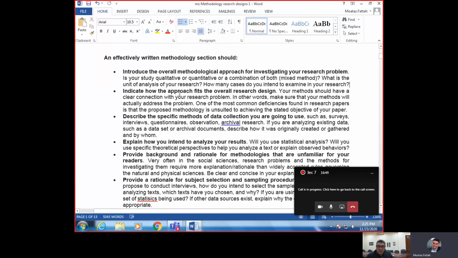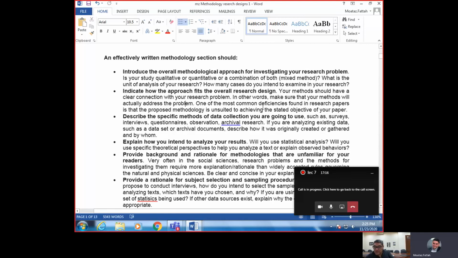Indicate how the approach fits the overall research design. Okay, we talked previously about your conceptual framework and your theoretical framework, how they are going to reflect into your research design. In other words, your method should have a clear connection with your research problem. In other words, make sure that your method will actually address the problem.